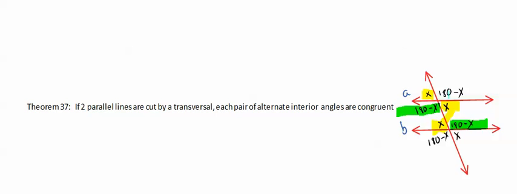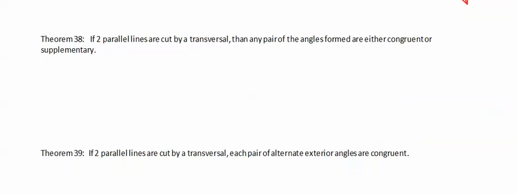But then if we look up here, you'll also notice that's 180 degrees, and then this is 180 degrees. Therefore, if two parallel lines are cut by a transversal, each pair of alternate exterior angles will also be congruent.